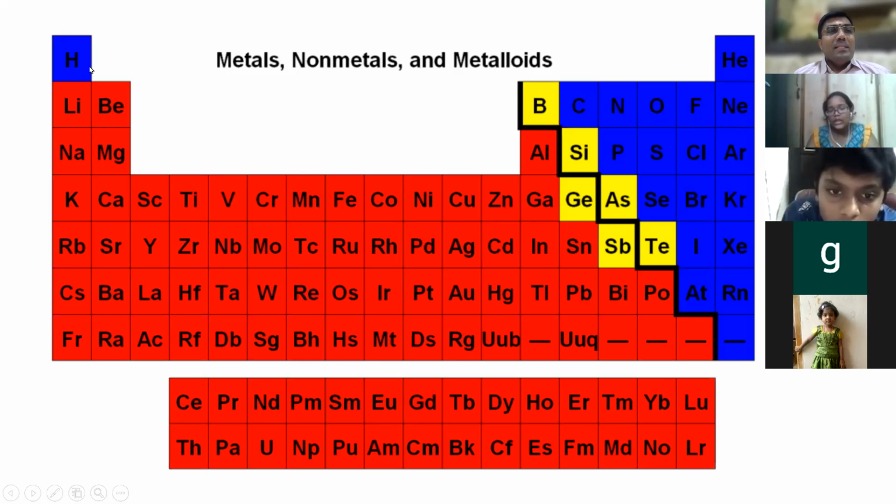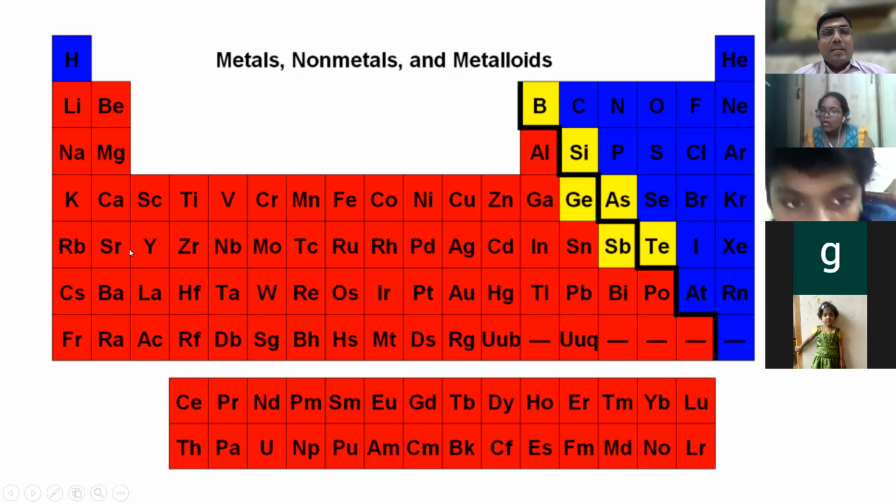You can see hydrogen, helium, carbon, nitrogen, oxygen, fluorine, neon, phosphorus, sulfur, chlorine, argon, selenium, bromine, krypton, iodine, xenon, astatine, radon. So these blue color elements are called non-metals. These red color elements are called metals.